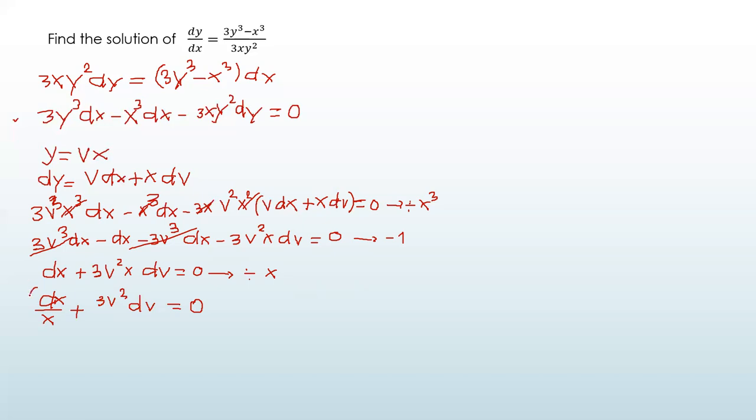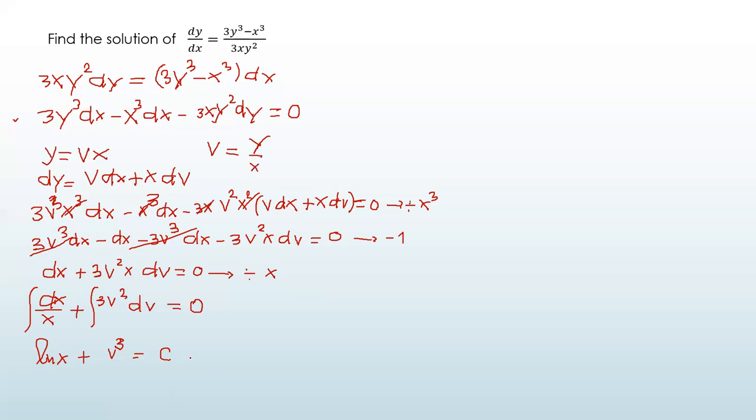And if we integrate, it becomes ln x plus v cubed equals c. I recall that v equals y over x.